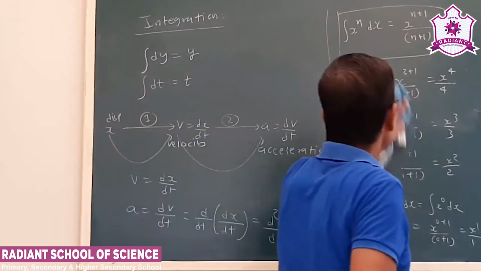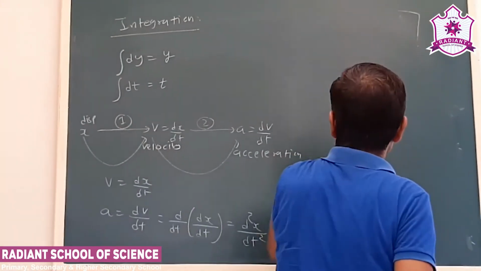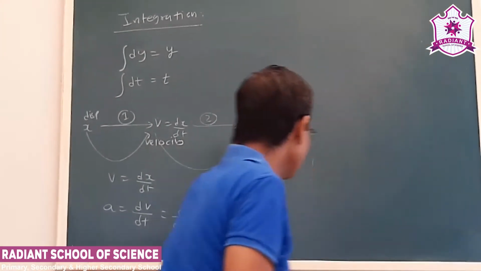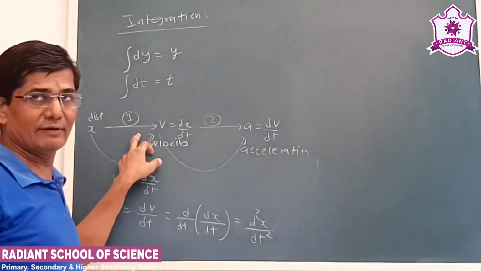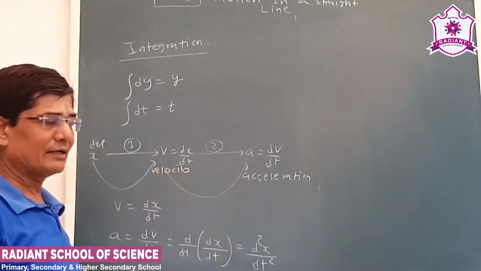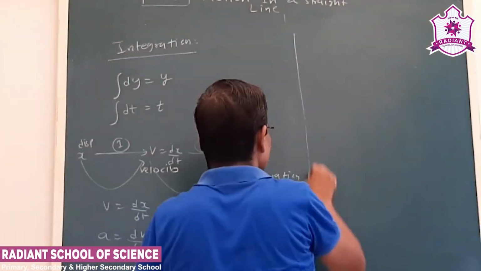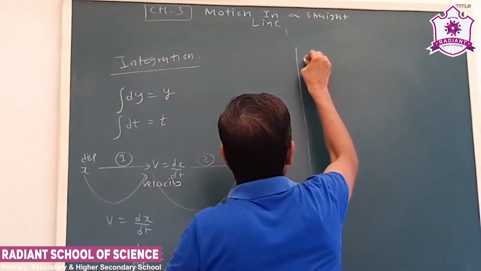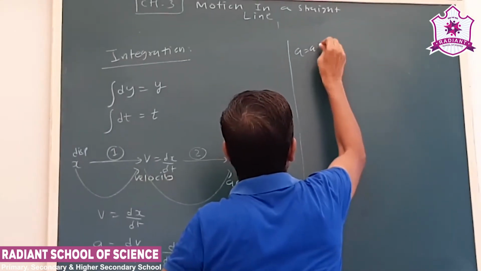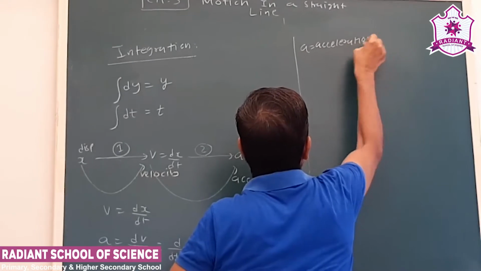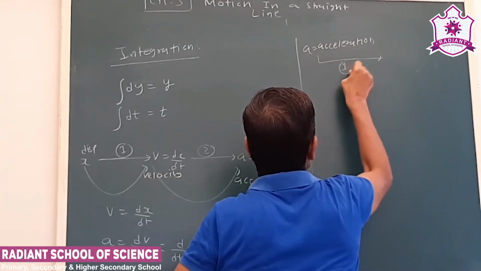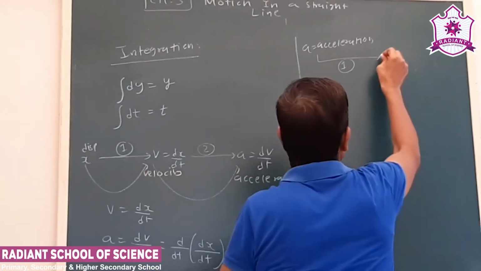Now integration and differentiation are opposite processes. Here x was displacement, the first derivative gives the velocity, and the second derivative gives the acceleration. But integration is opposite. Suppose a is acceleration, the first integration will give the velocity.